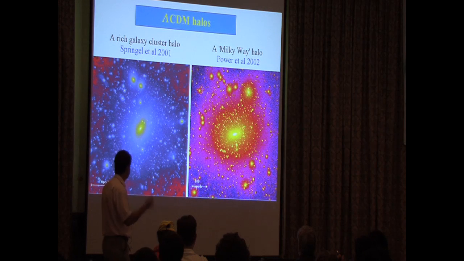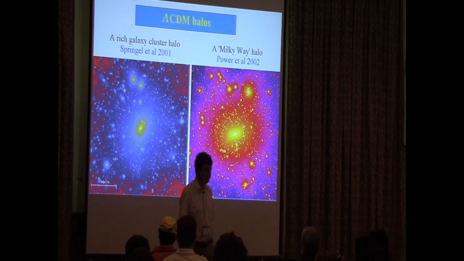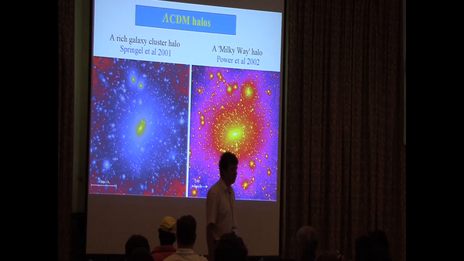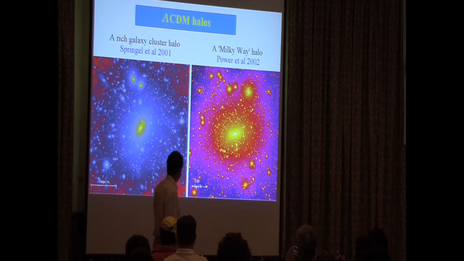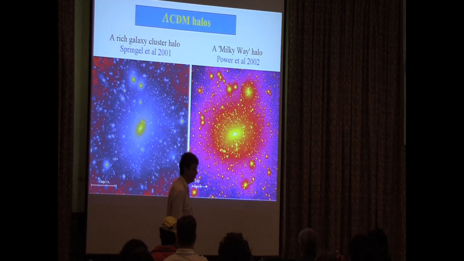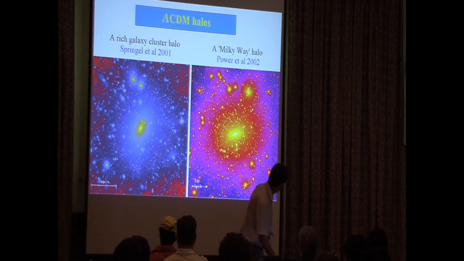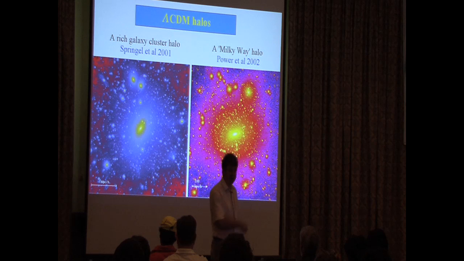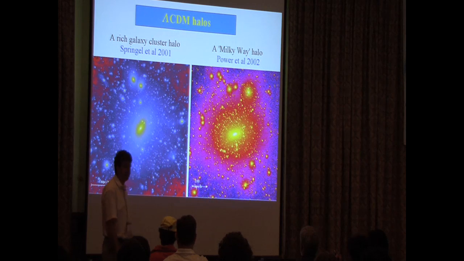So you can see the scale of the two images differs by a factor of 10 in linear scale, and the mass of these two objects differs by a factor of 1,000. So you can see that with this scaling, they actually look quite similar, except because of the different epochs when they were made, different color schemes were used. You can see there are patterns in color schemes; the ones that become popular change every few years.